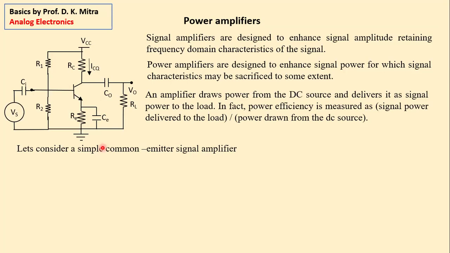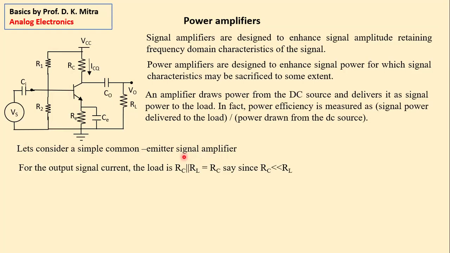And to understand that power amplifier operation, we need to first see how a signal amplifier works as a power amplifier, or what is the power performance of a signal amplifier. Because we know its principle of operation, we know its various equations, etc.